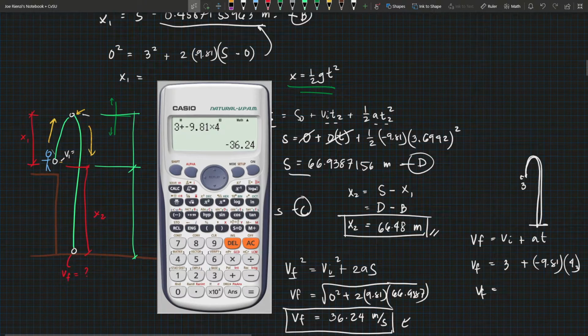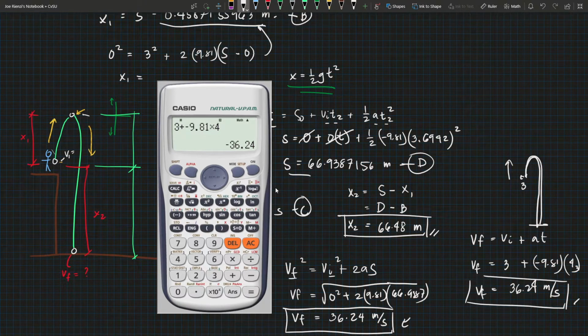Negative siya dahil ibig sabihin nun, yung direction niya, di ba, vector. Dahil in-assume natin na positive yung pataas, therefore, nung kinumpit natin yung final velocity niya, negative yung lalabas dito dahil down, ibig sabihin downward siya. So, 36.24 meters per second. Yun yung final velocity. So, yun yung ating number 1.